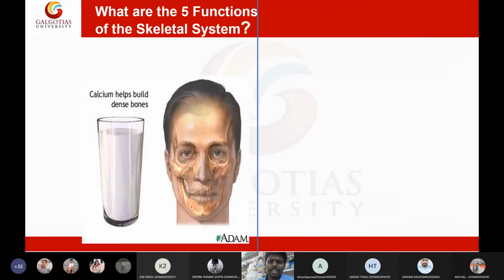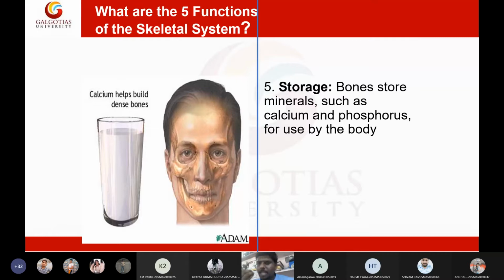And last and final, the skeletal system acts as a storage area for calcium. Many minerals and calcium are stored in the skeletal system: magnesium, calcium, zinc, all these electrolytes and trace elements are present in the bones.